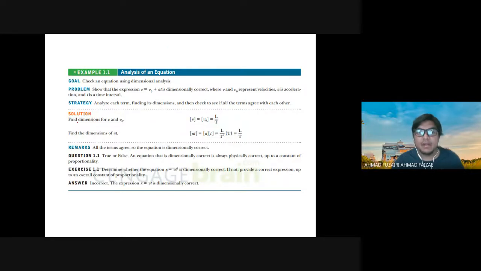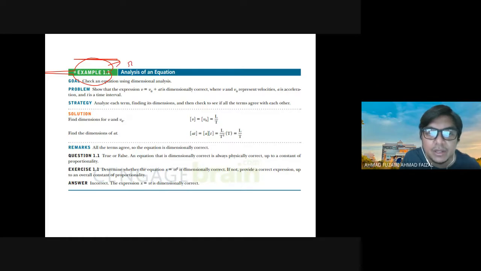So for example, the question asks you, show that the expression v equals v naught plus at is dimensionally correct. This kind of example is actually inside your Serway textbook.